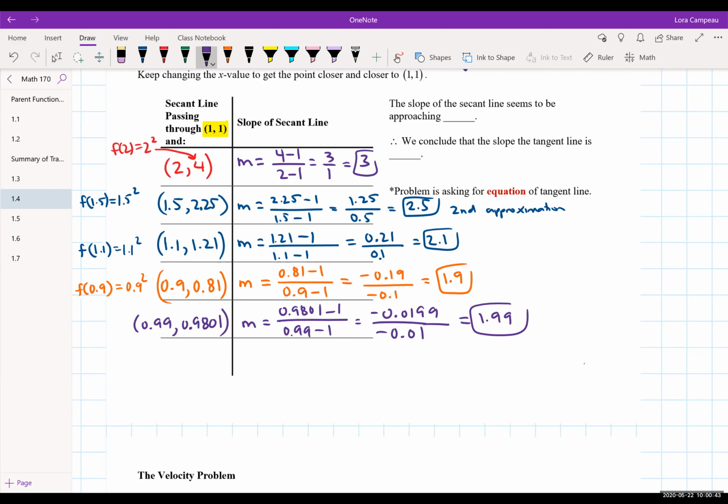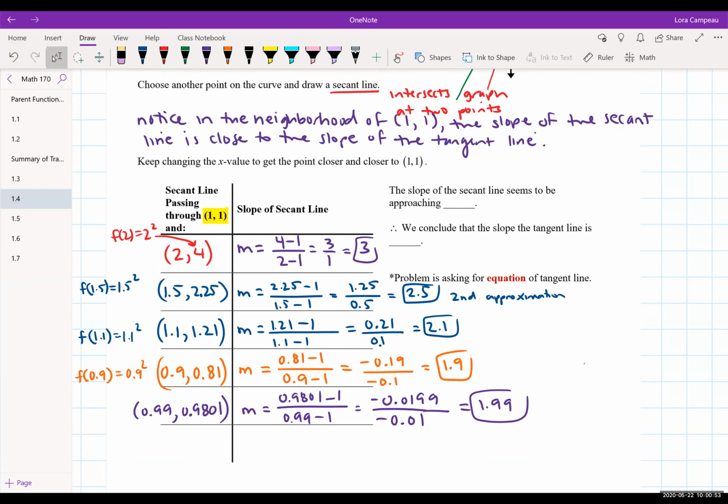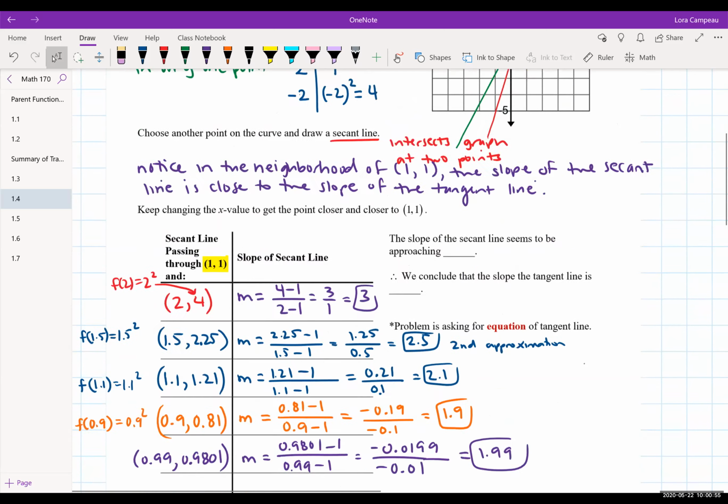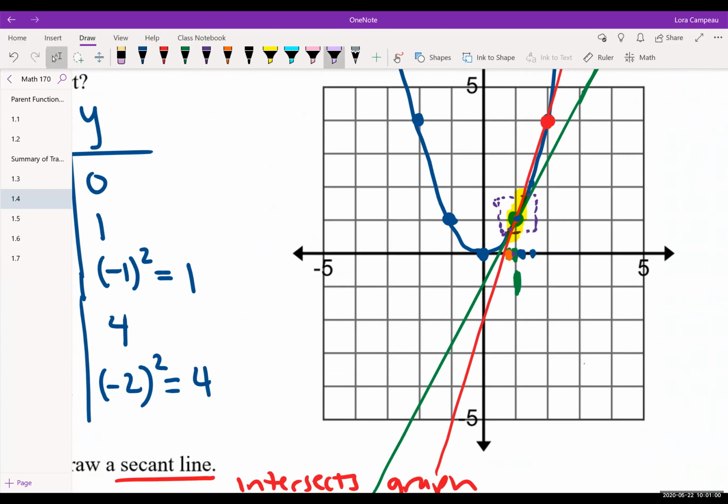And so if we're looking at this, you can kind of play with this and say, all right, well, if we approach, and I don't know if I'll draw a little bit of highlighters. The first few values, I tried to approach the point 1, 1 from the right side.